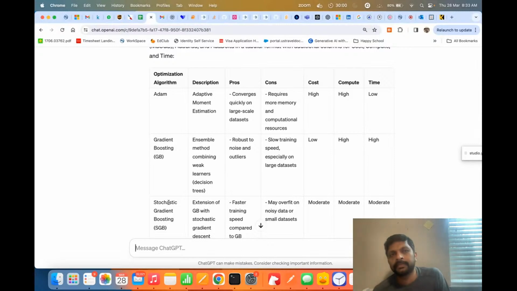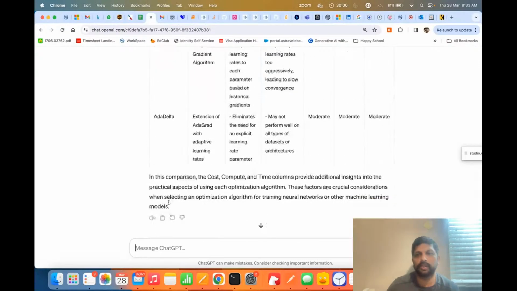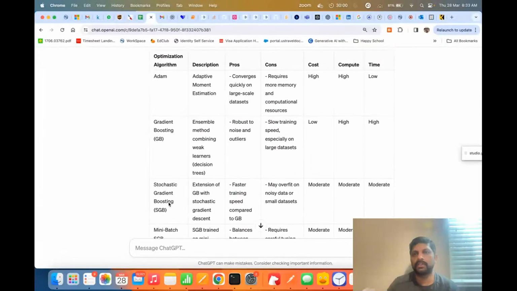So if you want to reduce cost, then you need to use other optimizers. Otherwise, time wise, Adam is lowest with respect to all of them. Compute wise, it is high. If you go with mini batch and such, they're a little better. So it's more compute and cost. And if time is important, go with Adam.